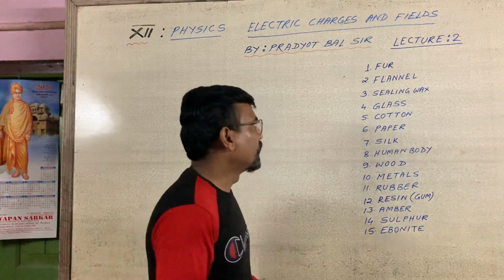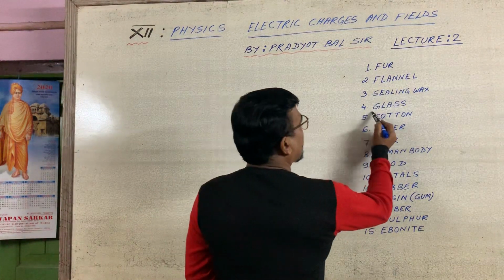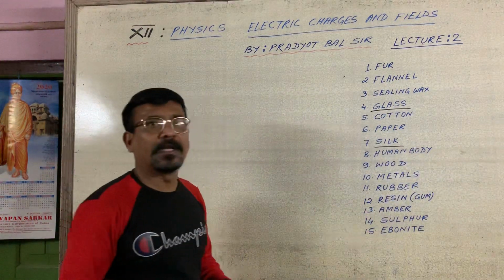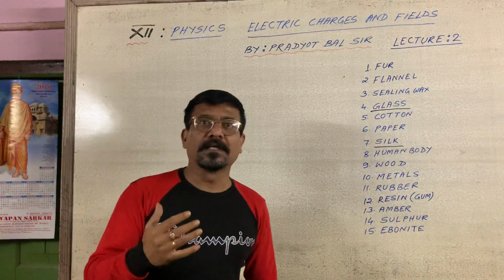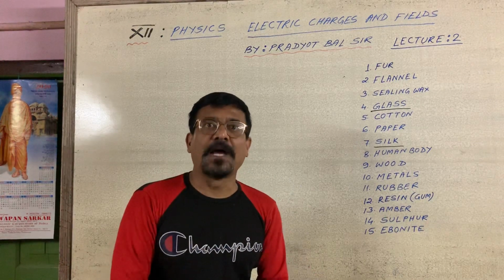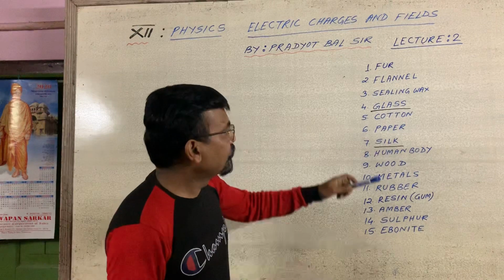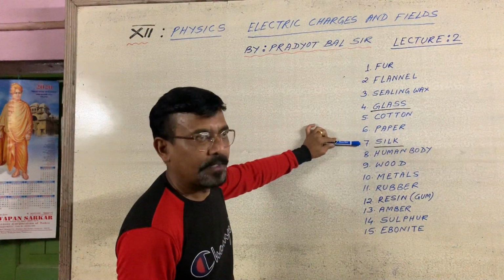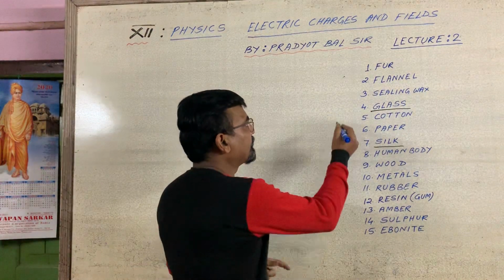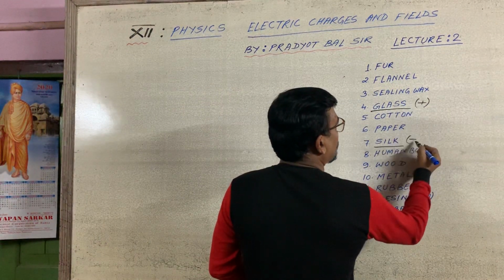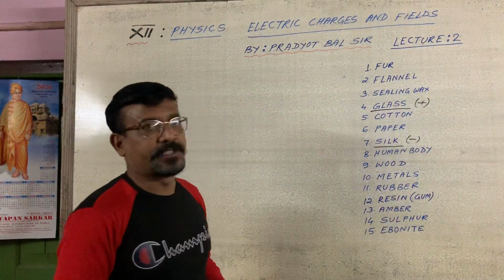Now take any two bodies. For example, glass and silk. If glass and silk are rubbed, glass comes first and silk later, so glass will become positively charged and silk negatively charged.